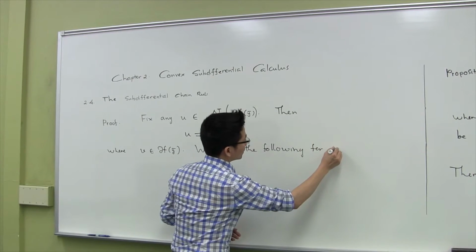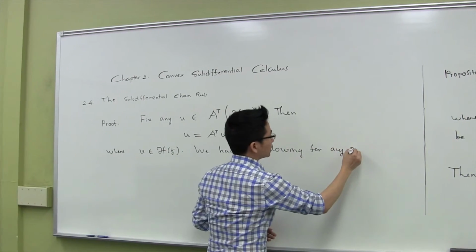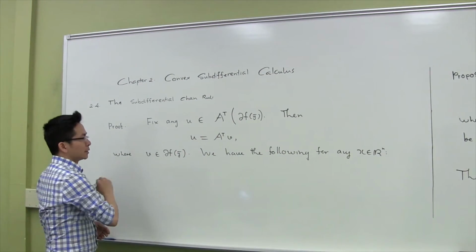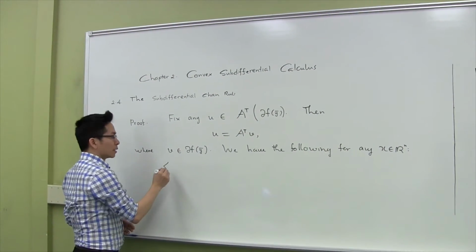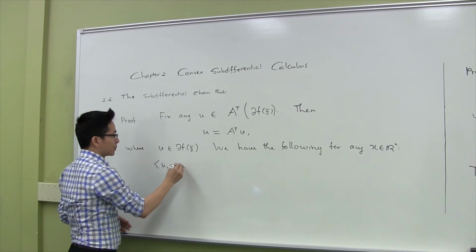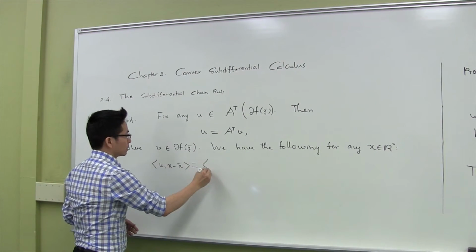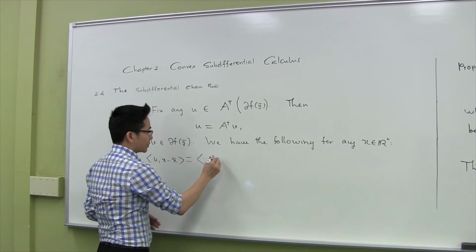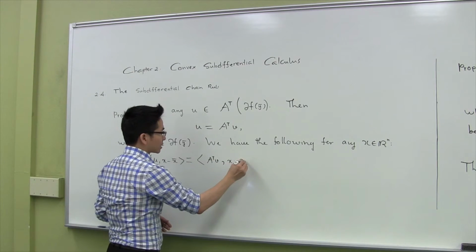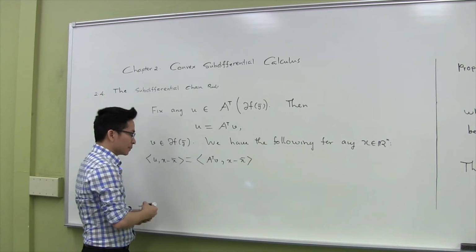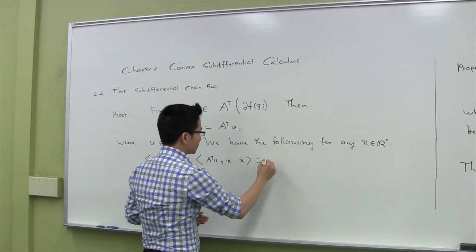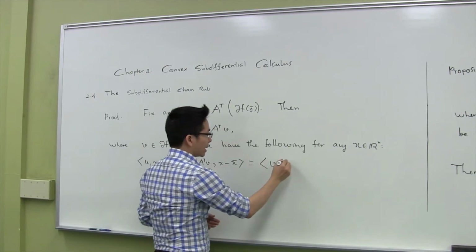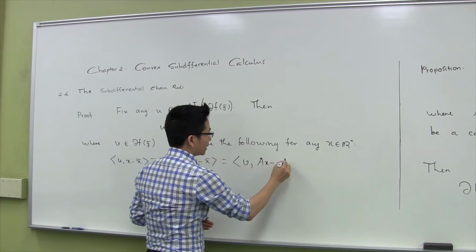For any x in Rn, the inner product of u and x minus x bar is equal to the inner product of the transpose of A times V and x minus x bar. Okay, this is equal to the inner product of V and Ax minus A x bar.